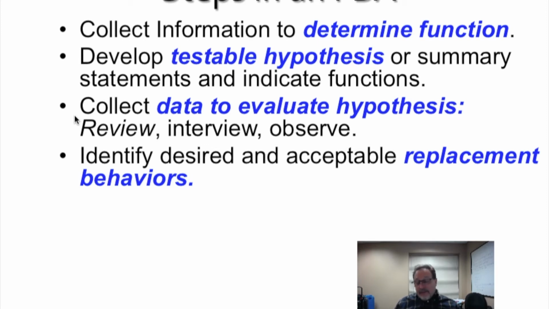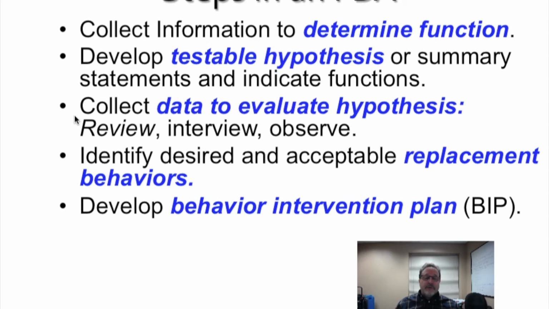And then the key thing here, and the really important part, is to move from a clear understanding of what's maintaining to developing and determining what some acceptable replacement behaviors would be. So we don't want to just squash undesirable behavior, and that does not work successfully.